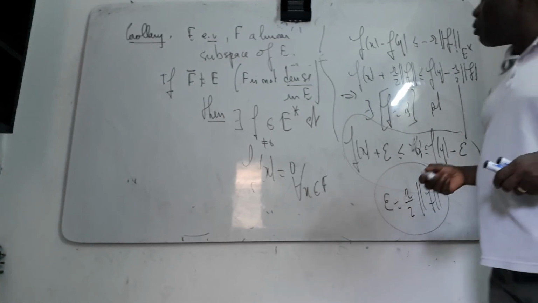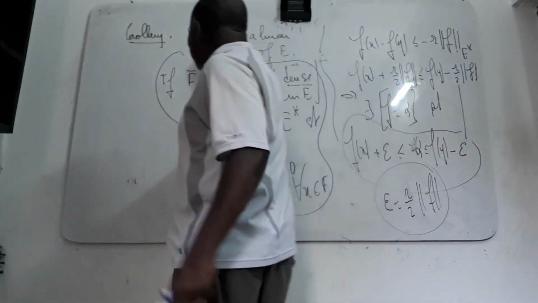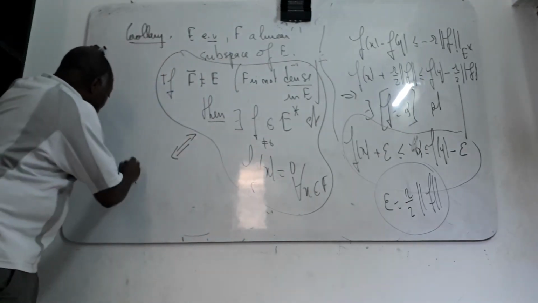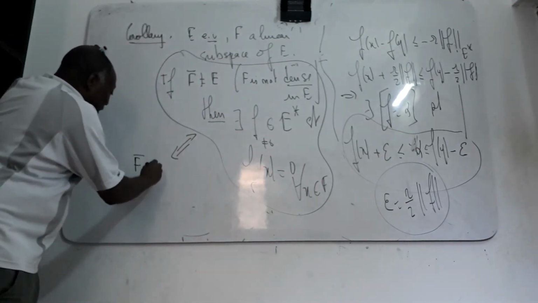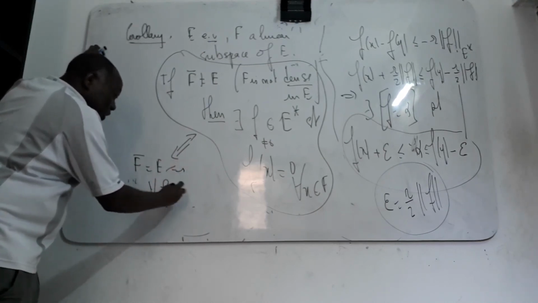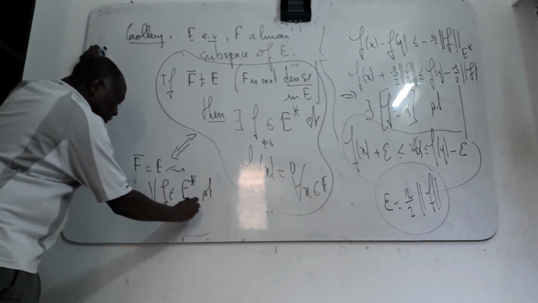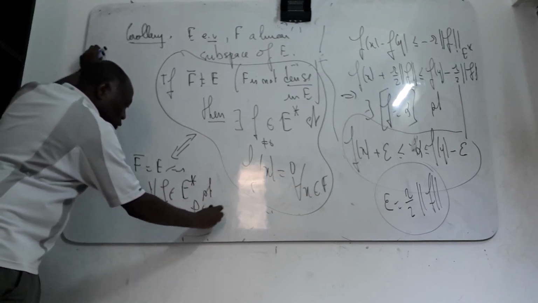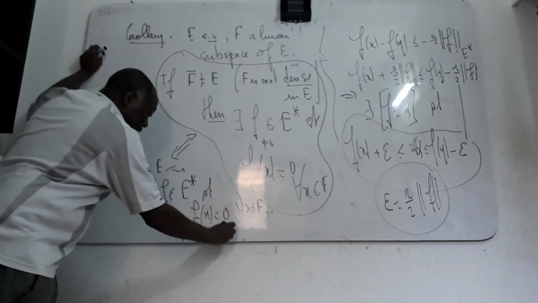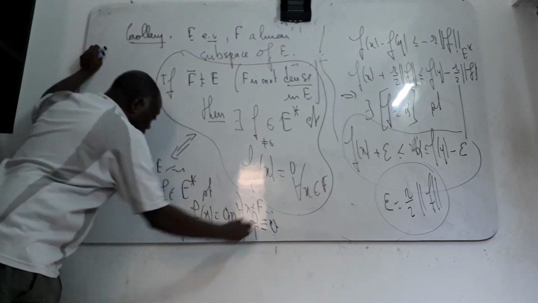So this property is exactly equivalent to the following form. That means that when you have F which is dense in E, that means that for all f, a linear map on E, if f of x is equal to 0 for all x in F, then f is necessarily equal to 0.